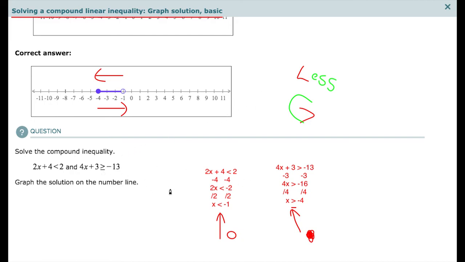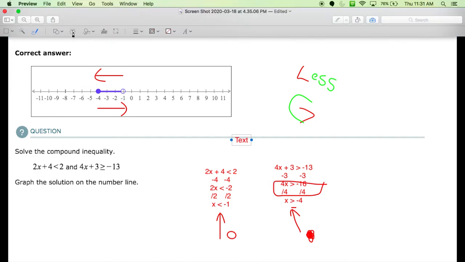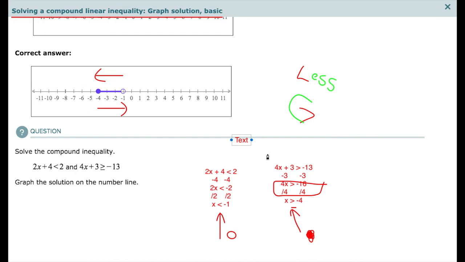But the main thing you need to remember is that here we were dividing by positive 2, and by positive 4, right? Whenever you divide by a negative, you have to flip the inequality sign. So I'll make a note of that right here. When you divide by a negative number, and we didn't in this case, you flip the inequality sign.